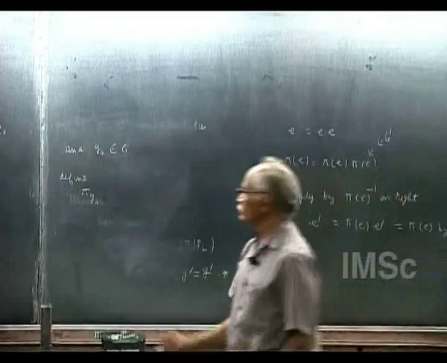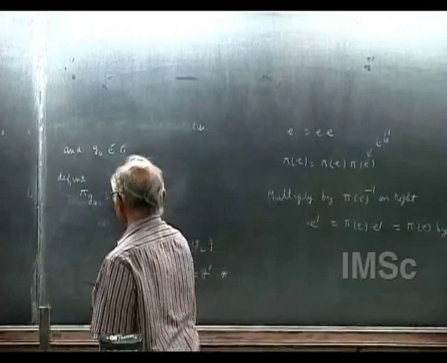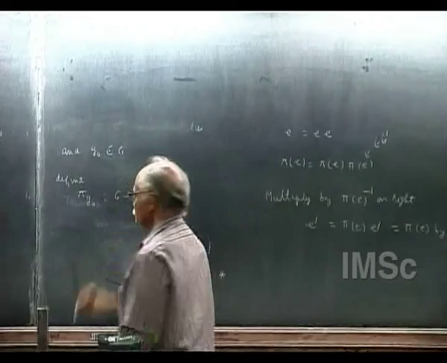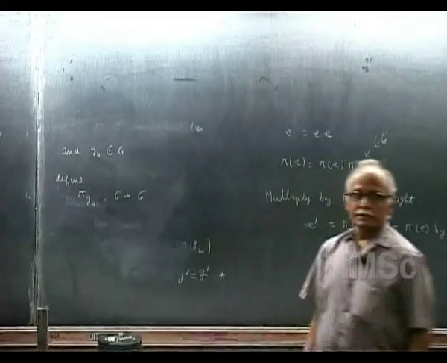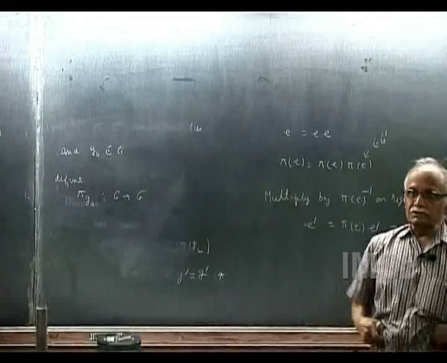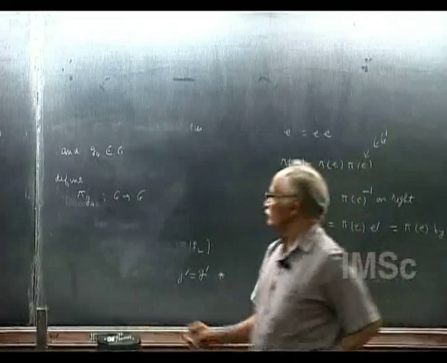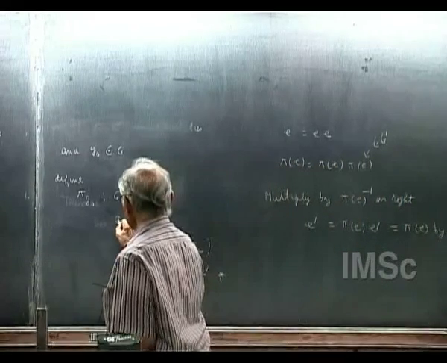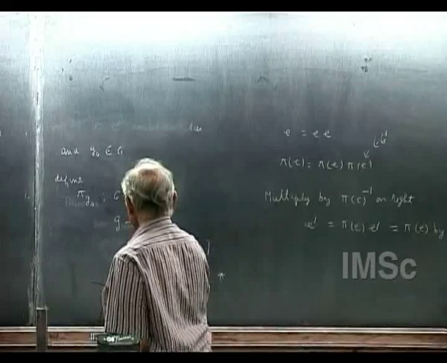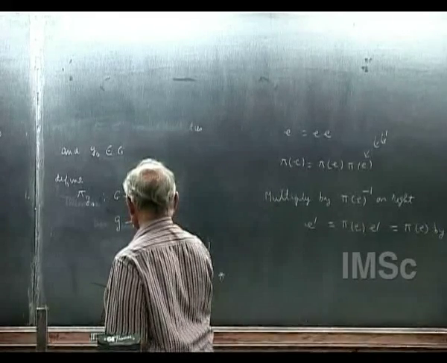This phi of G0 is going to be a mapping from G to G. So the domain and the range of this mapping phi are the same, and what does it do? It takes G to G0 G G0 inverse.